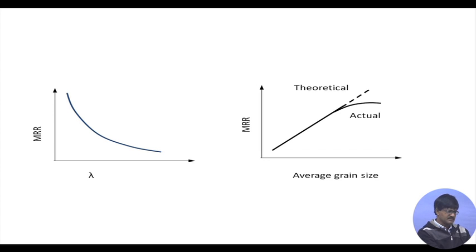This we had discussed last day. Next, the change of MRR with respect to lambda, that means workpiece hardness divided by tool hardness. If the workpiece hardness by tool hardness increases, that means the workpiece becomes more and more hard relative to the tool.